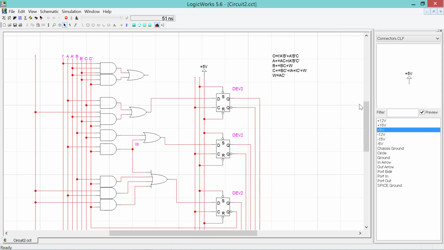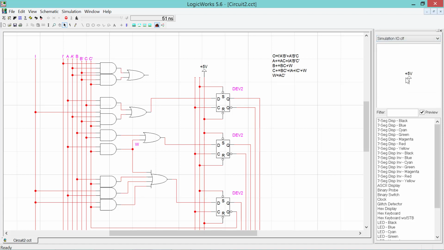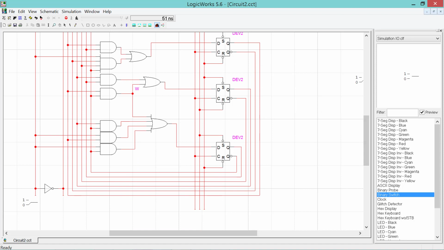Also, we need to now connect our observation points and our control points. So in LogicWorks, we use binary switches and binary probes. We'll place a binary probe at the output, and we shall also place binary switches for the input and also for the clock and for the reset signal.